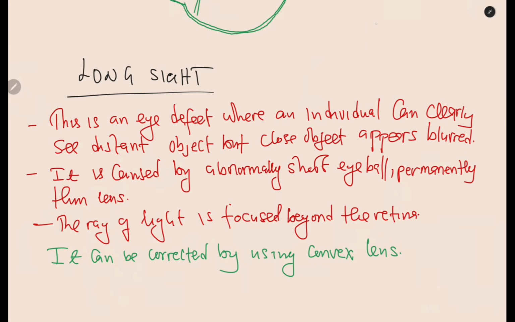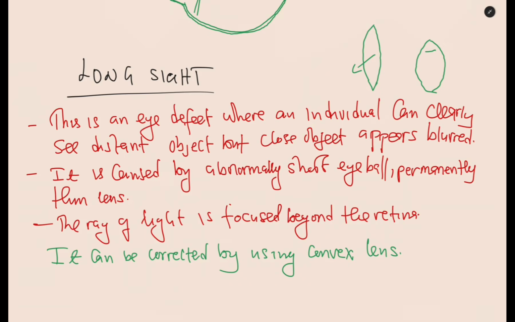So this time we have a lens that has low refractive power, because when the lens is thick, it has more refractive power, so it refracts the rays of light more than this one. So we have the one that is permanently thin and has low refractive power.